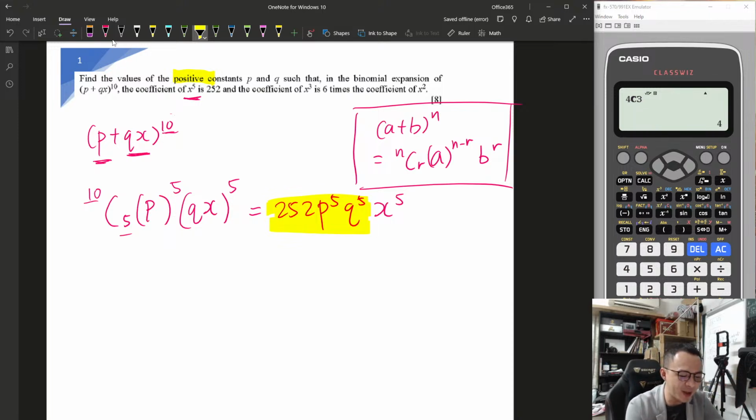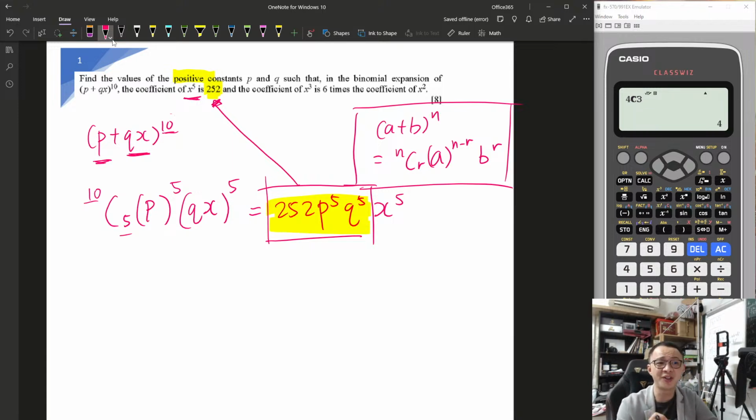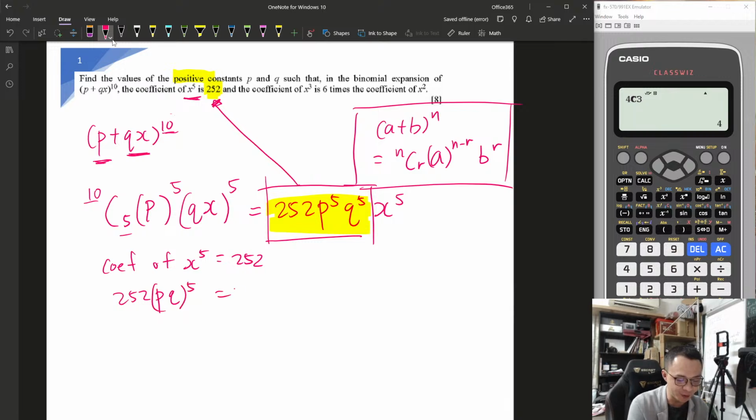So the whole value here equals 252, because this is the coefficient of x power of 5.